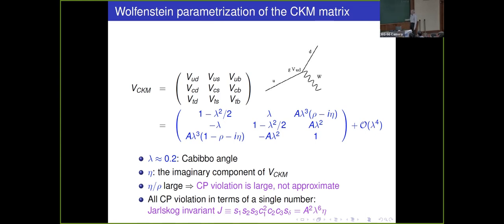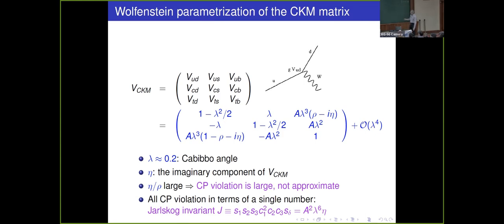So eta is the only quantity in this, as you see, which comes multiplied with i. So whichever quantity has eta will display a CP violation. If eta by rho is large, it means the CP violation is large.